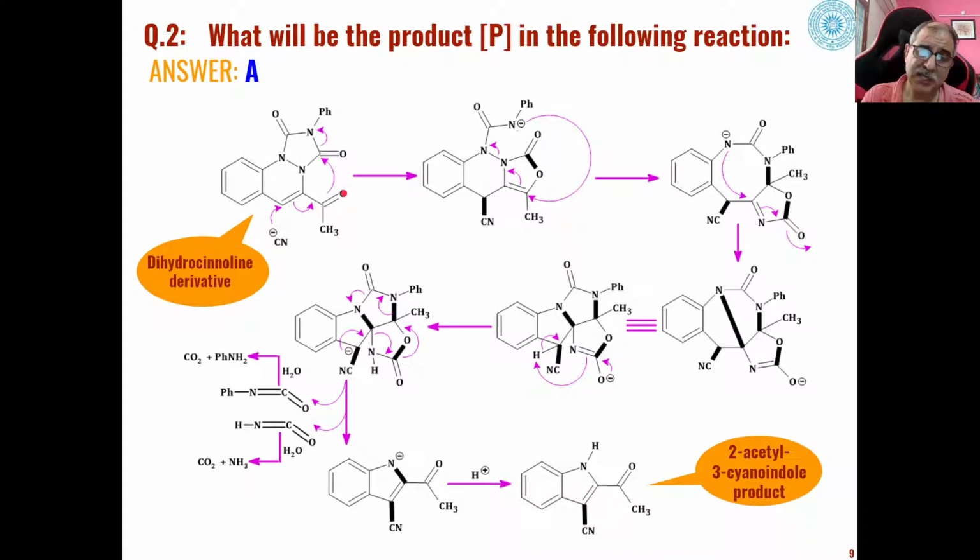This negatively charged oxygen will attack the carbonyl group at this place, and this carbon-nitrogen bond will break to give us this type of intermediate through cyclization.